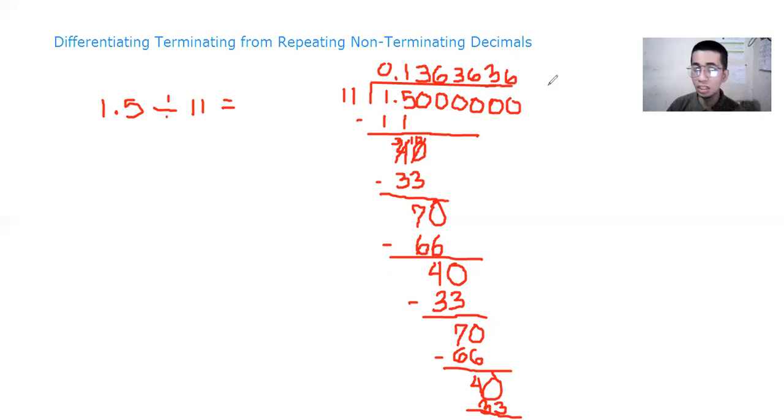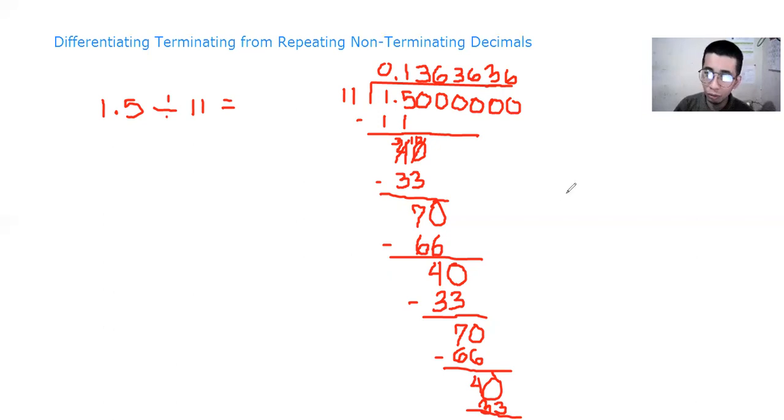So, 36, 36, 36. Paulit-ulit na siya magiging 36. So, tandaan natin, kapag paulit-ulit siya, magiging repeating decimal na siya. Okay? Anong magiging sagot namin, sir, kapag ganyan repeating decimal na siya? So, kapag repeating decimal, lalagyan natin ng bar sa numbers na kung saan repeated siya.